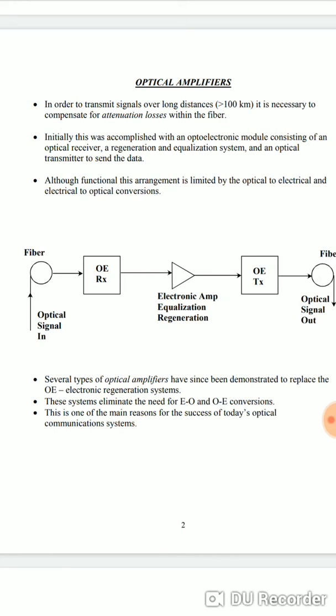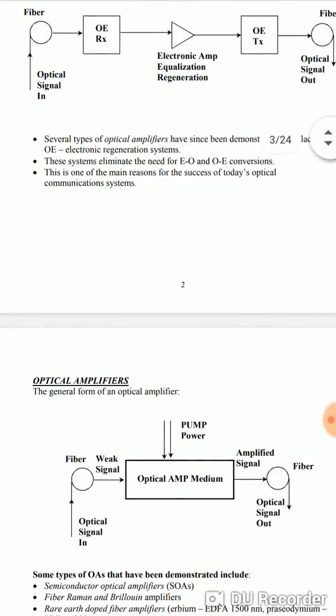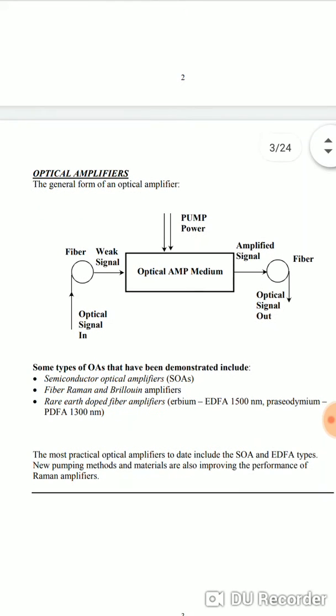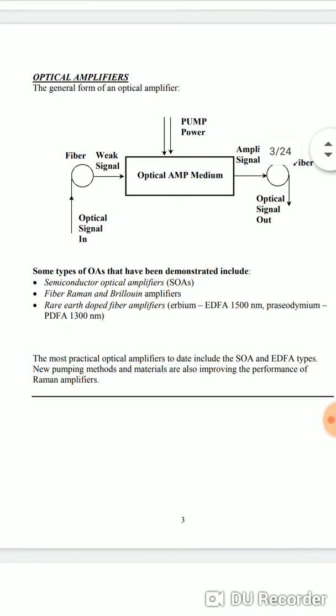So directly we are able to convert the optical signal into an amplified optical signal without its conversion into the electrical signal. In this session we are going to see two types of optical amplifiers: semiconductor optical amplifiers and erbium doped fiber amplifiers. Those two amplifiers are in our syllabus: the semiconductor optical amplifier and the erbium doped fiber amplifier, usually known as EDFA.